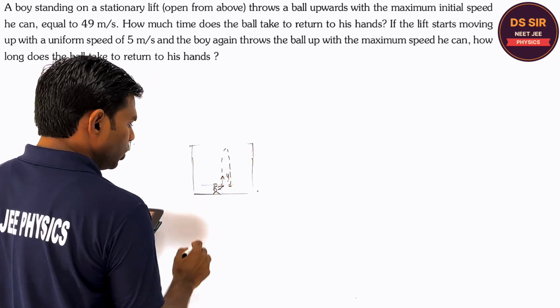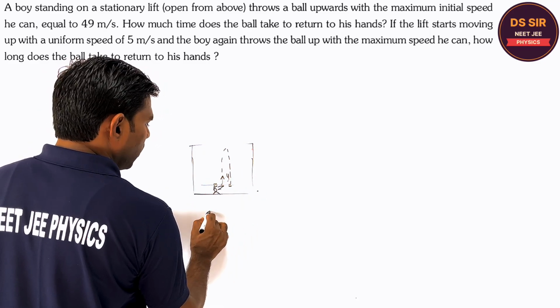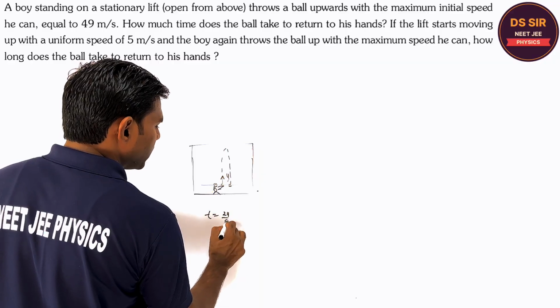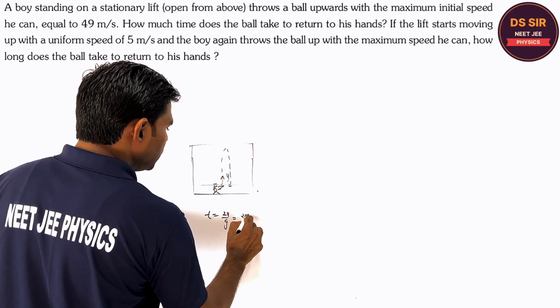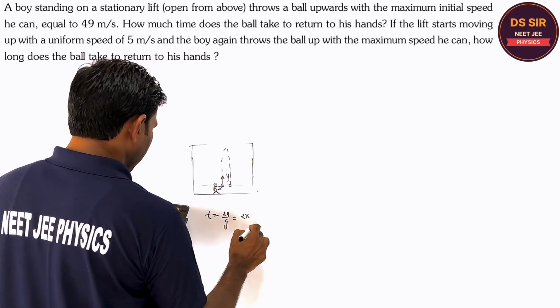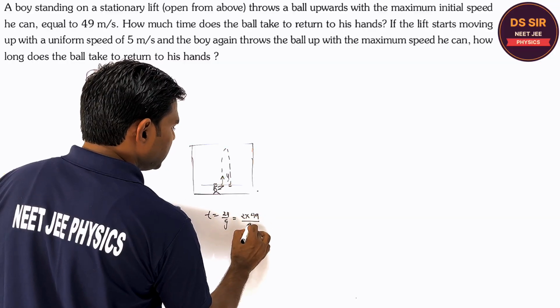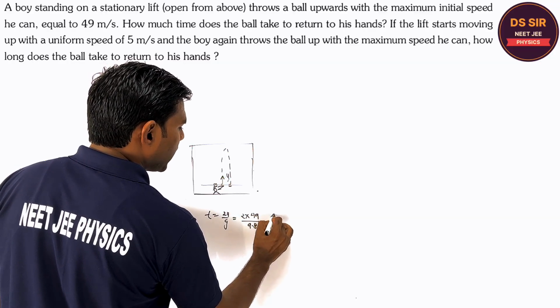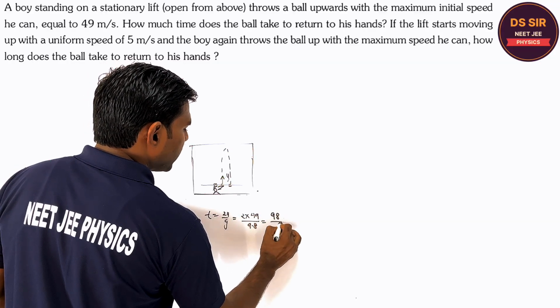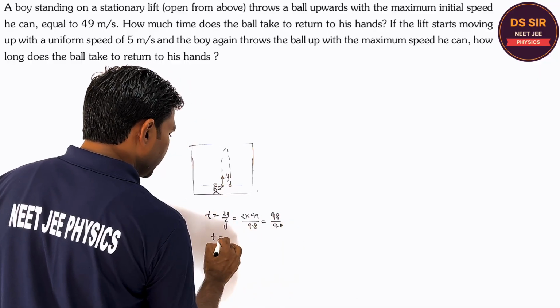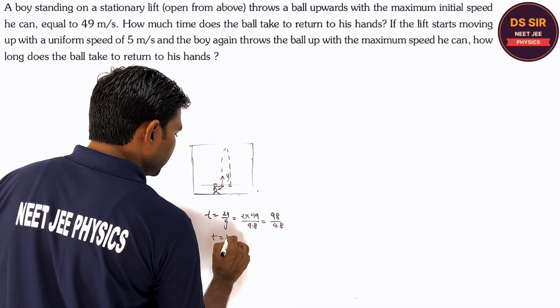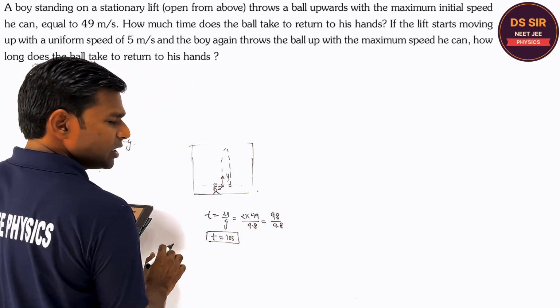Are you getting or not? So the time is what? Say 2u upon g. Is it clear or not? The initial speed is 49 meter per second, and g is 9.8. So 98 divided by 9.8. So the time taken is what? Say 10 seconds. Is it clear or not?